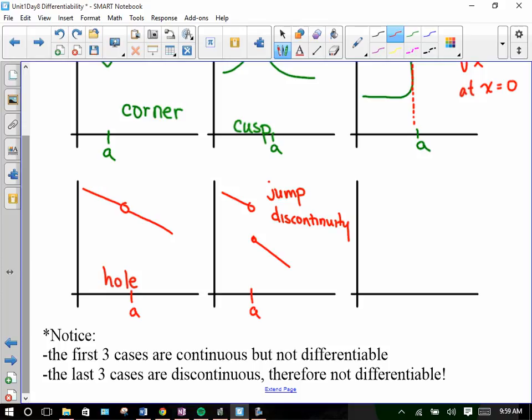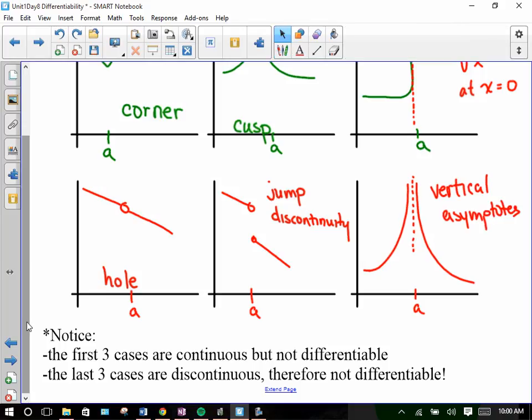Finally, you have vertical asymptotes. Again, that's discontinuous at x equals a.